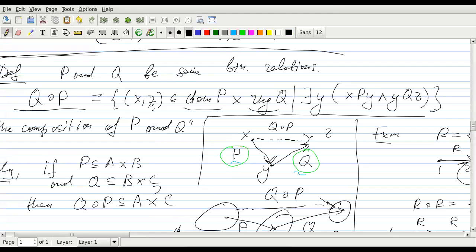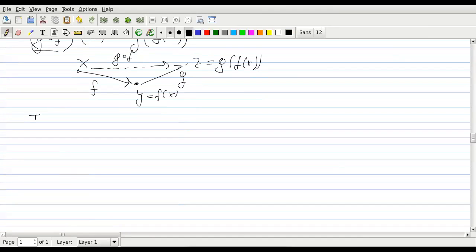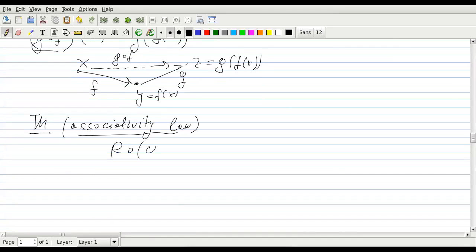Yes. Now let's prove some general properties. So the composition is associative. So associativity, the associativity law for composition. So this composition equals this one.